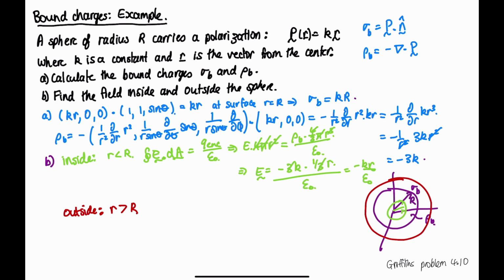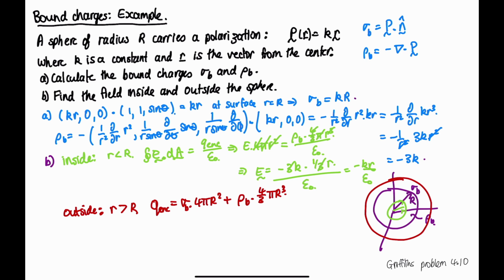So we can do that: the enclosed charge is equal to the surface charges times the surface area, which will be 4 pi r squared, plus the volume charges times the volume of the sphere. It's only inside the purple sphere that counts. So this is 4/3 pi r cubed.